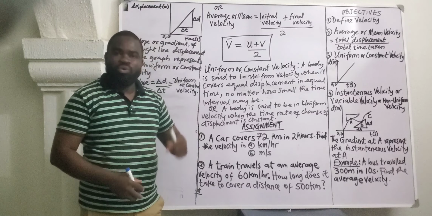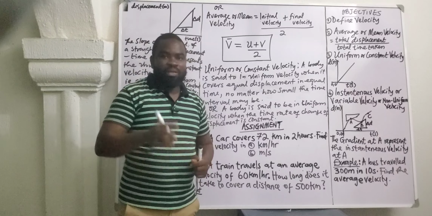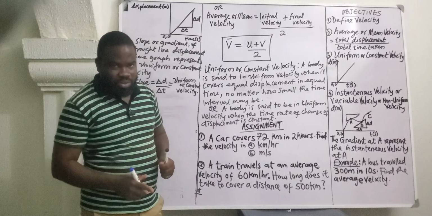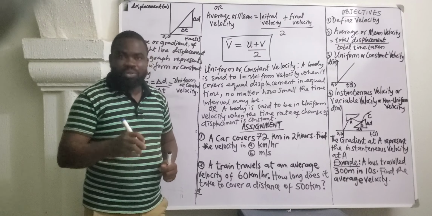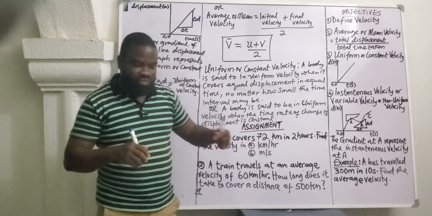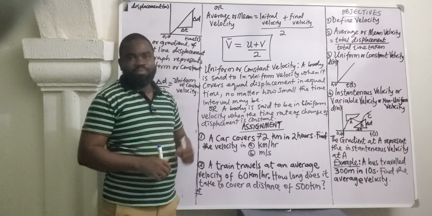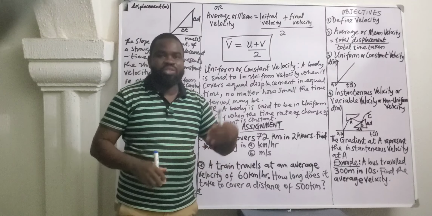When that is done, we call it instantaneous velocity. In fact, the speedometers of moving vehicles, of moving cars, record instantaneous velocity or instantaneous speed, because you use it to tell the speed of that car, the velocity of that car.